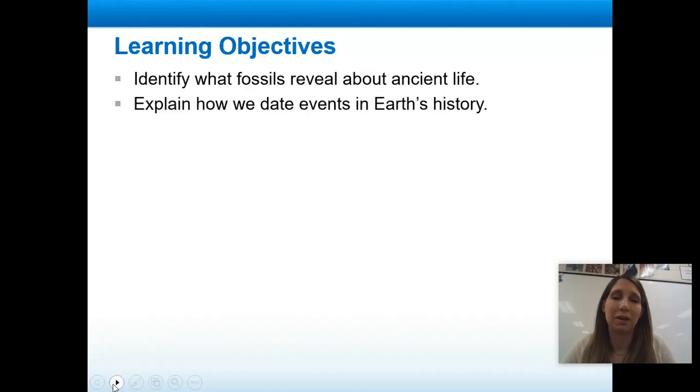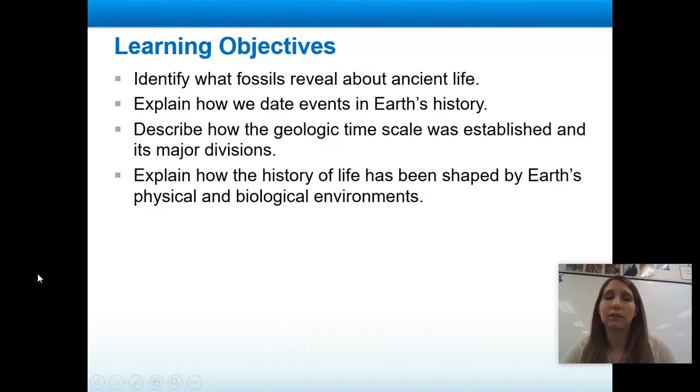But what they all share in common is that they all provide evidence for scientists about what Earth was like billions of years ago, and how that Earth has changed over time. So when we look at these objectives here, we're going to talk about what fossils can teach us about ancient life.